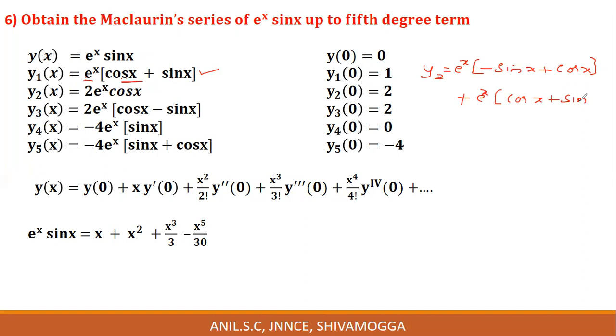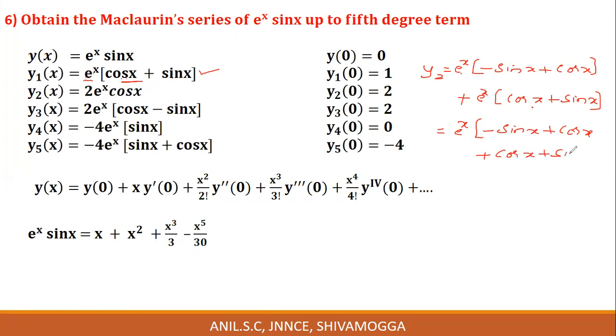Here e power x is common in both the terms, you keep it outside. As e power x comes outside, we get minus sin x plus cos x plus cos x plus sin x.